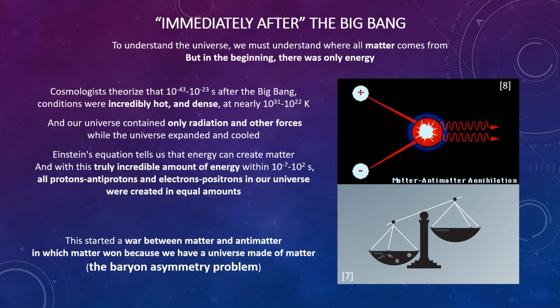So in the very beginning of our universe, there was only energy. This is where all of the matter came from. Cosmologists theorized that at the very beginning, from 10 to the negative 43rd to 10 to the negative 23rd seconds after the Big Bang, the universe was incredibly hot and dense, with temperatures ranging from 10 to the 31st to 10 to the 22nd Kelvin.